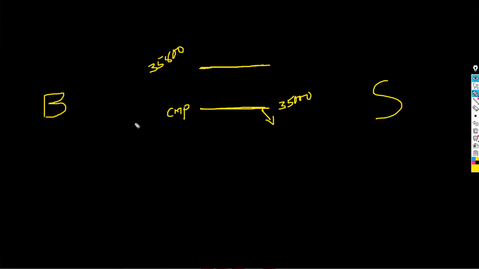The buyer will lose here, but the seller, as a contra, will win. I'm just starting with the basics, so stay with me, friends. Market is standing at 35,000, you bought 35,800 with the intention that the market will go up, but the market is falling, so you will lose here.